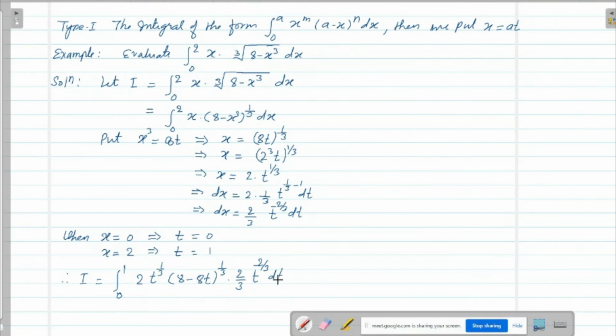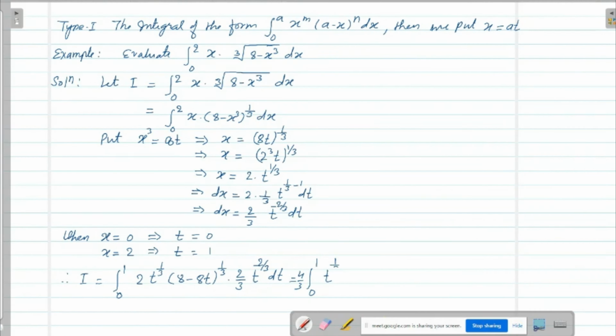This equals 2 into 2 by 3, that is 4 by 3, taking outside, integration of limit 0 to 1. Now just write down t raised to 1 by 3.